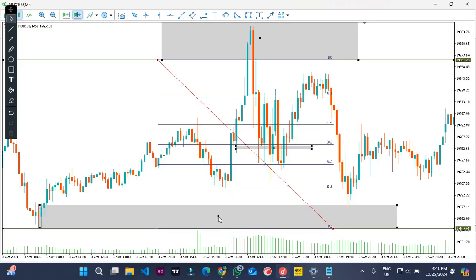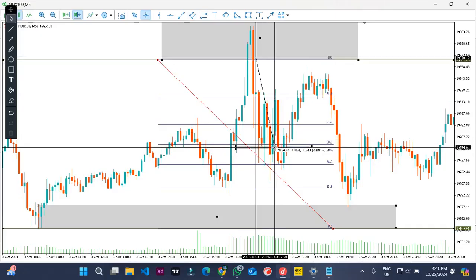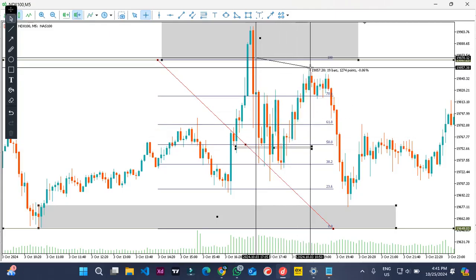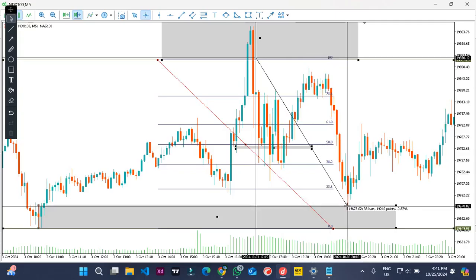So if we took this trade, we would have around 11,000 points from the 50%, and then you see market went back up and then came back down. That is 19,000 points. So this strategy is profitable.